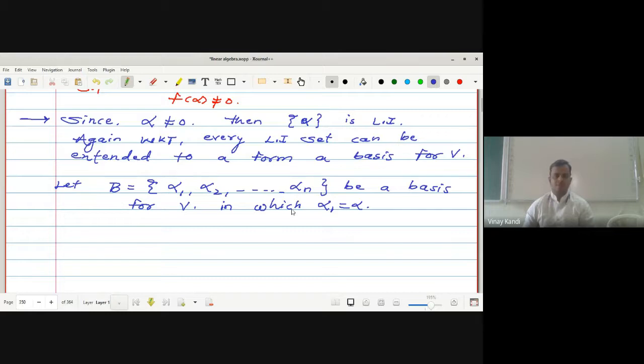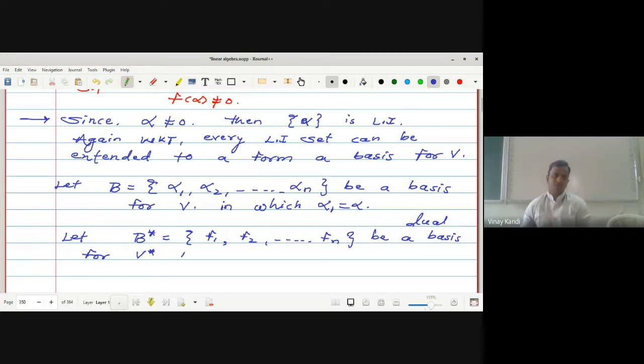Okay, now in that set alpha 1 is equal to alpha. Now let again B star = {f1, f2, up to fn} be the dual basis for V star.